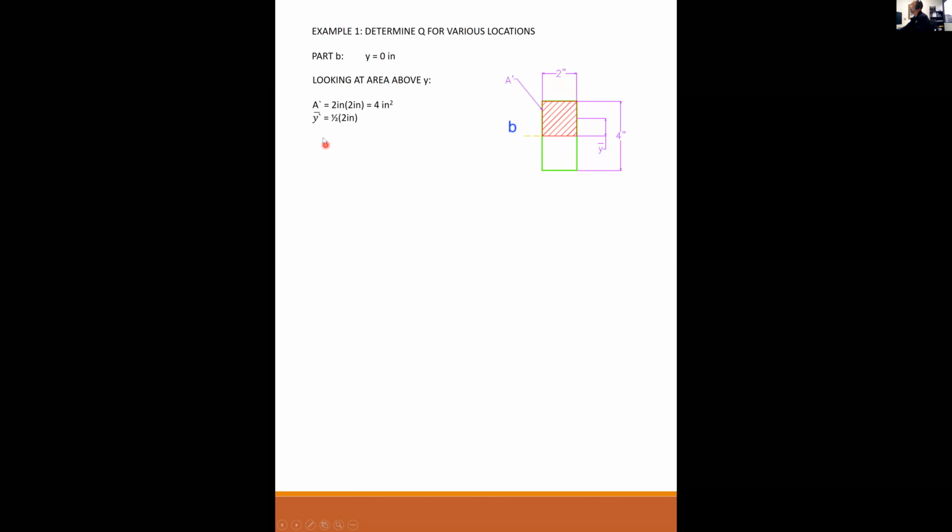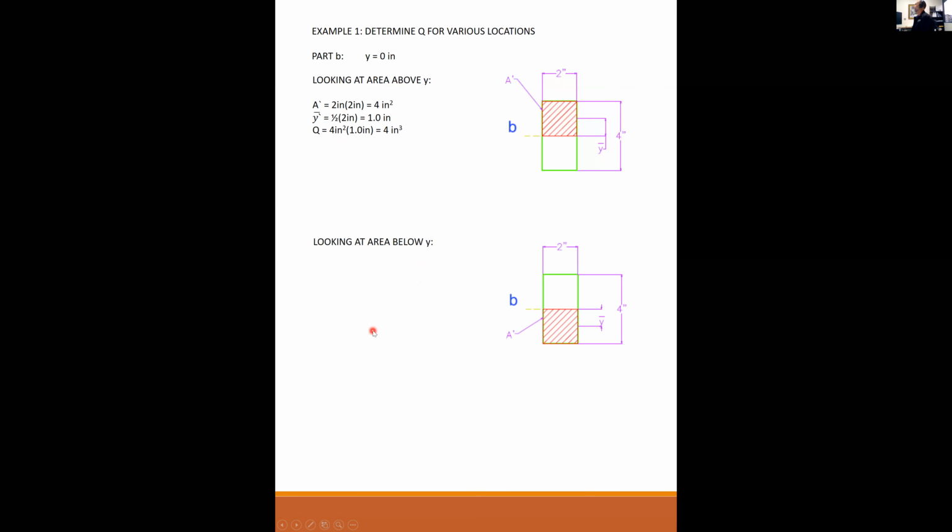And I need to find Y bar prime, the center of gravity of A prime to the center of gravity of the whole section. So in this case, Y bar prime is going to be half of the 2-inch high A prime area. So Y bar prime is 1 inch. Q then is A times Y. 4 times 1 is 4 inches to the third.